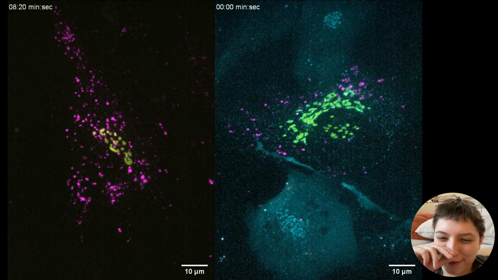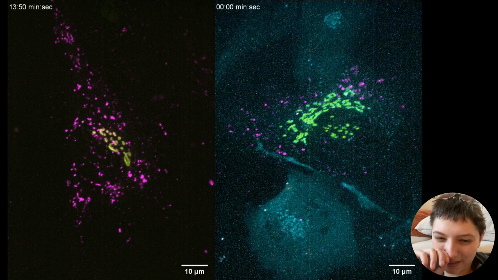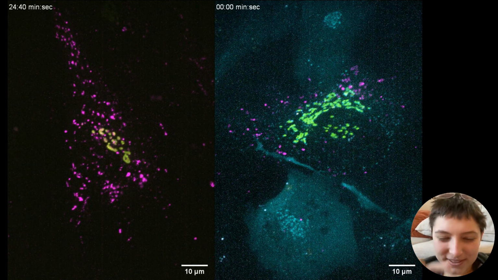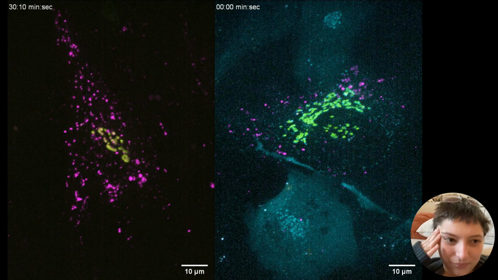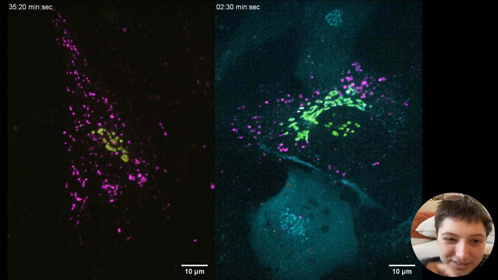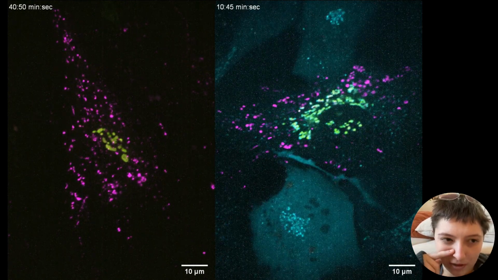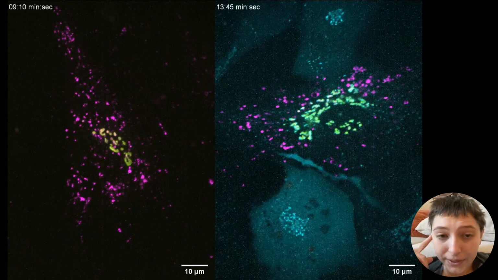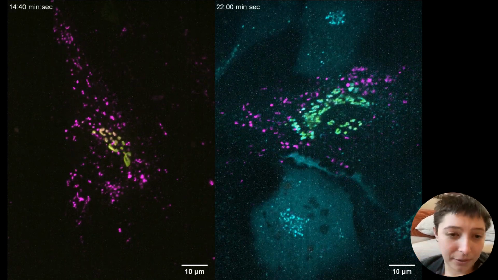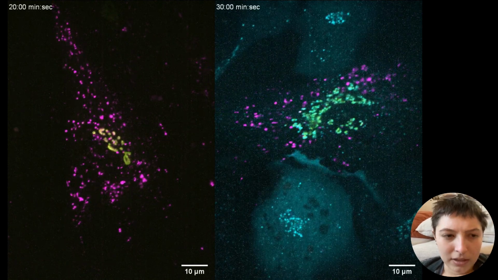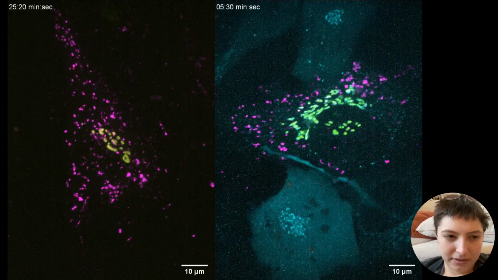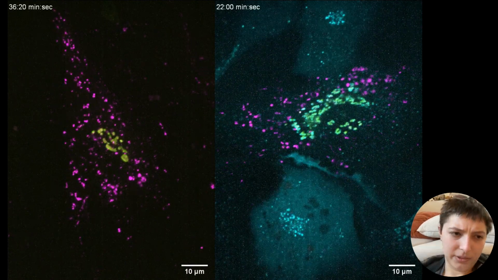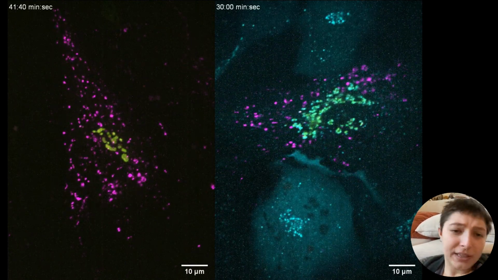Okay, so my original video got messed up with the edits because I went between slides. Okay, so both of these videos or movies are when the SLF didn't work. And so again, cargo is in magenta, Golgi is green. Excuse me.